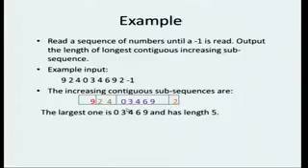So these are the increasing contiguous subsequences. Contiguous means together, occurring adjacent to each other. So the longest contiguous subsequence is obviously 0, 3, 4, 6, 9, and the length of that sequence is 5.